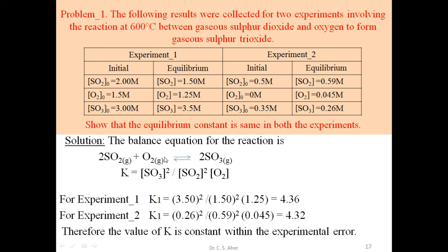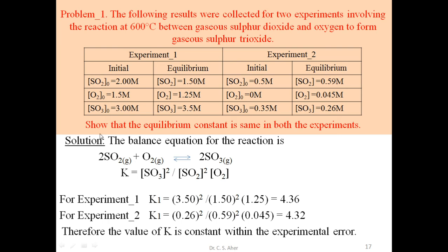At that time both the rates must be equal. See, in the first experiment these initial concentrations are larger. The initial concentration of reactants is larger, which decreases in the equilibrium state. At the same time the product concentration increases in experiment number 1.